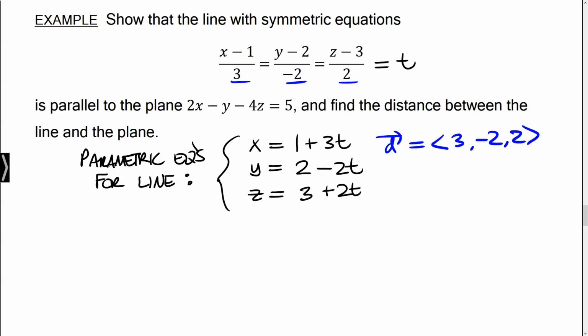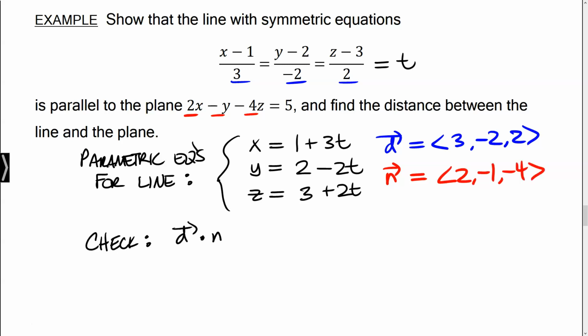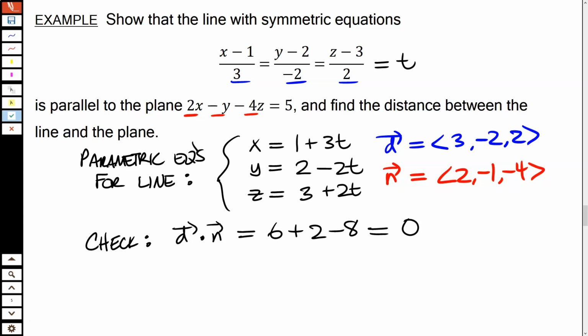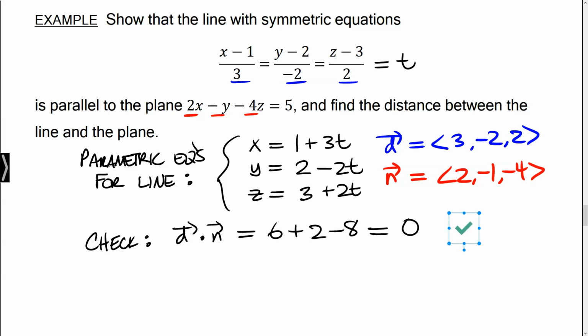And we just need to dot that with the normal, which remember comes from the coefficients here: 2, negative 1, negative 4. So let's go ahead and check that. D dotted with n is equal to 6 plus 2 minus 8. 3 times 2, negative 2 times negative 1, 2 times negative 4. So that is 0, and we're happy. We really have a line that does not intersect the plane.